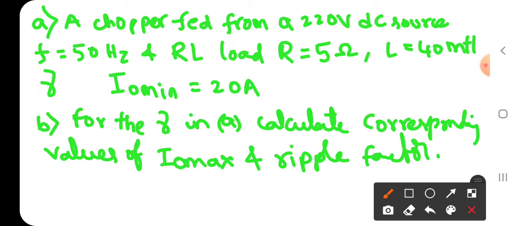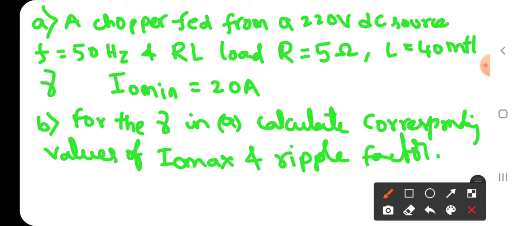So indirectly he says that in the first case we need to find out the gamma. In previous cases we used to be given gamma and all the values, and we needed to find only IO min, IO max and so on. But here he has given everything except gamma, so we need to find gamma.